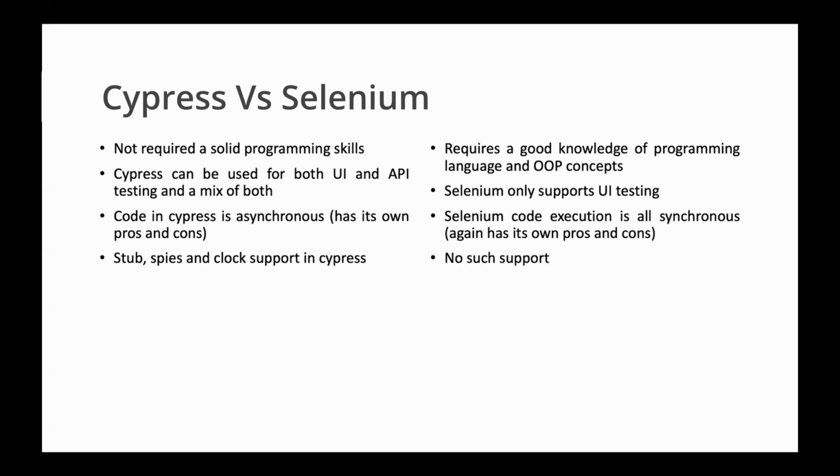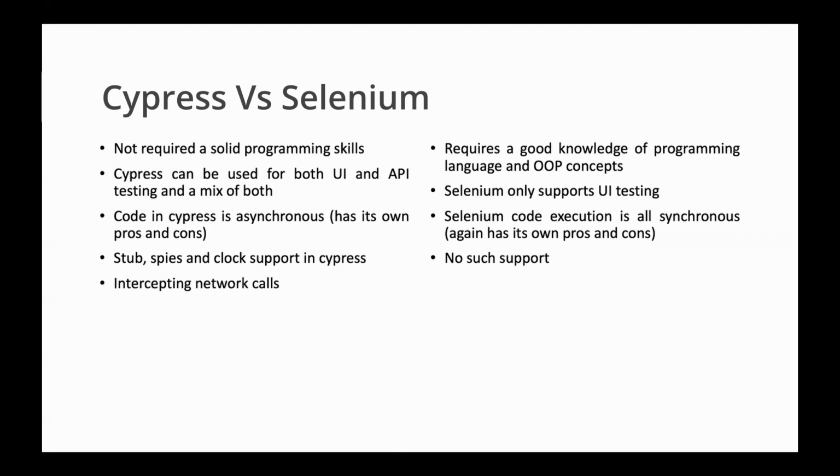And because of these stubs and spies, it opens up altogether a different way of testing. And what is this clock? Clock is where you can control the time of the server. Now, there are a lot of tests where you need to modify the time, where you have to wait for 24 hours for something to update. These scenarios are not easy to test. But since Cypress supports clock, you can modify the time.